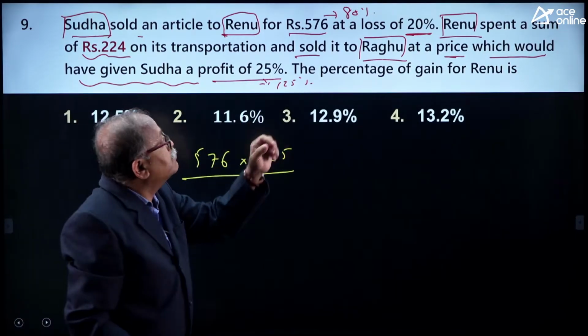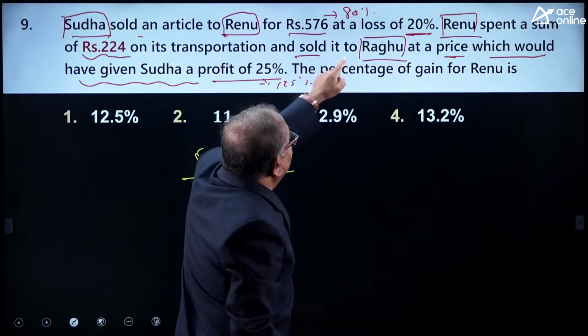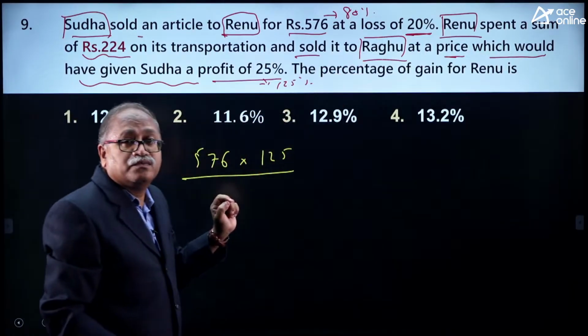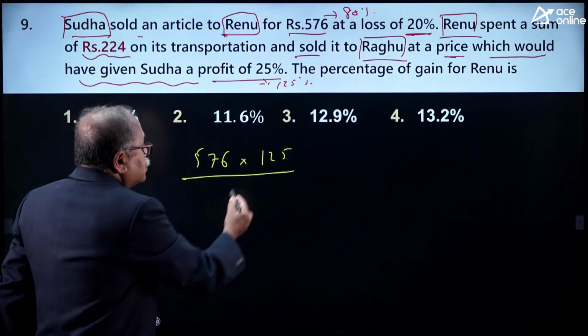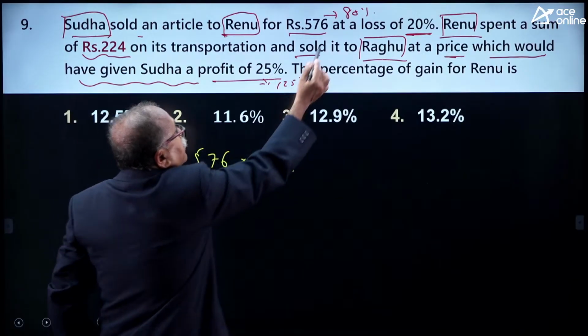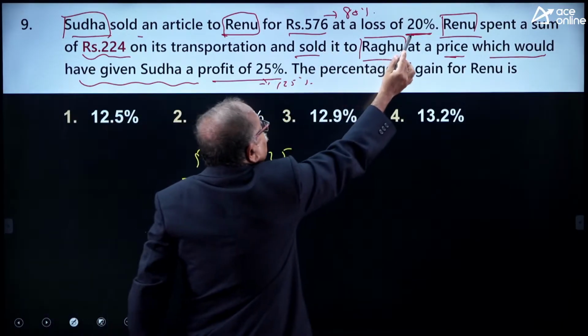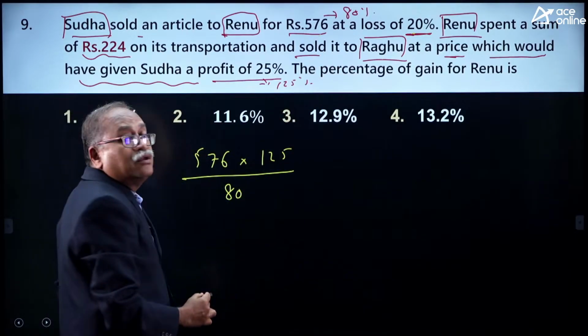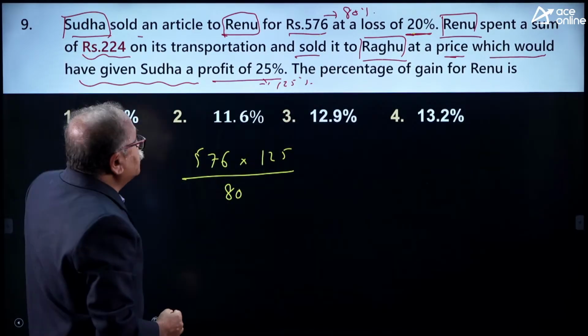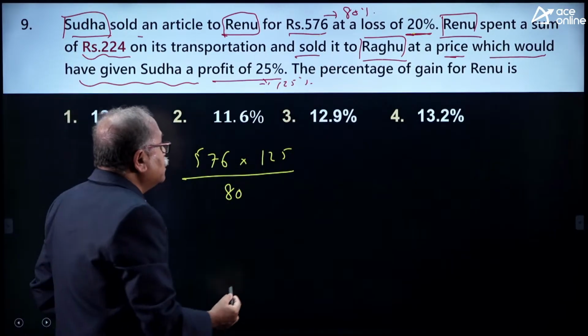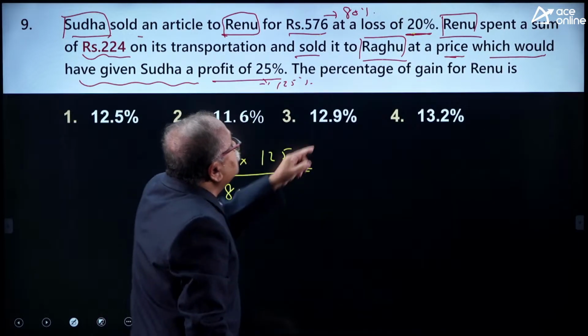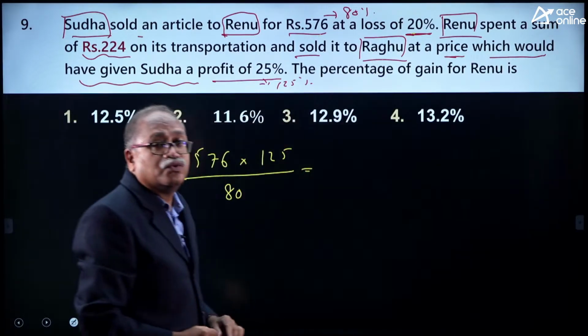Renu sold to Raghu at that price. So, what is that price? Here 125 divided by 80, this is 80%. Why 80%? Because there is a loss of 20% by selling at 576 by Sudha. So, this will give us the price at which it is sold to Raghu.